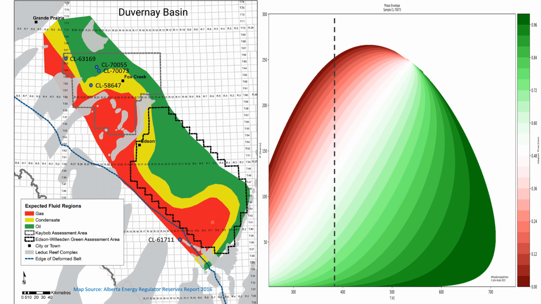So the rest of the animations in this playlist are going to showcase how we scan these envelopes in the temperature axis and in the pressure axis with our K values, our partition coefficients, which is basically how each component partitions between vapor and liquid, right?